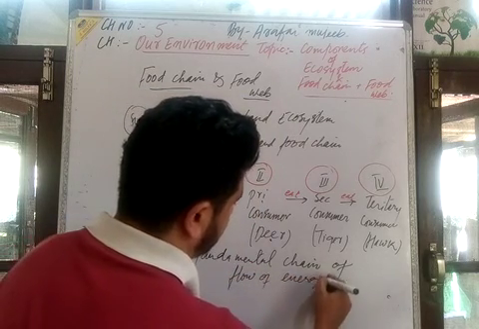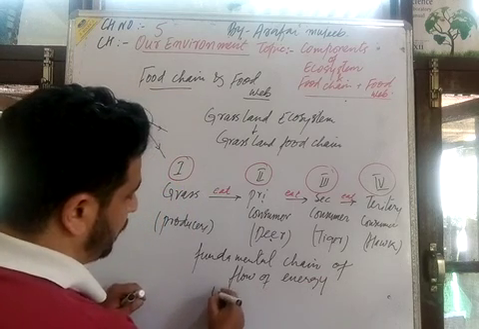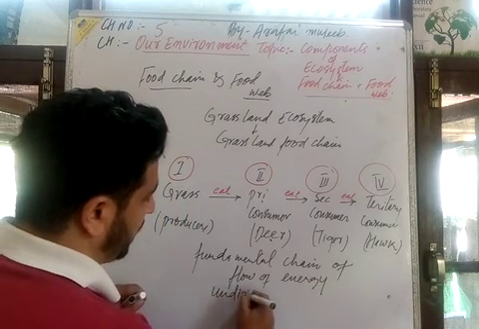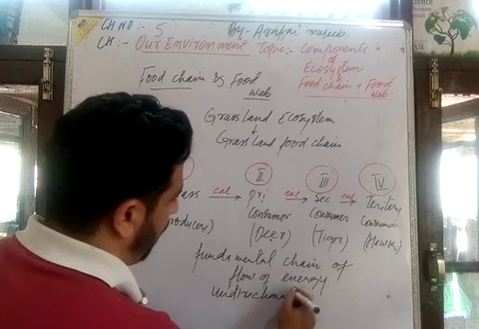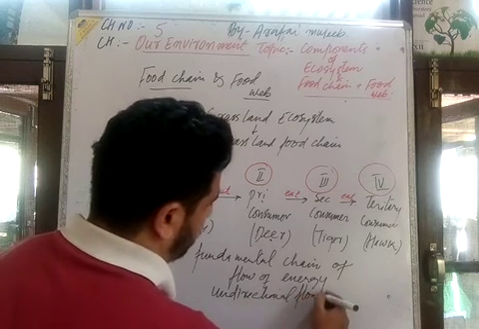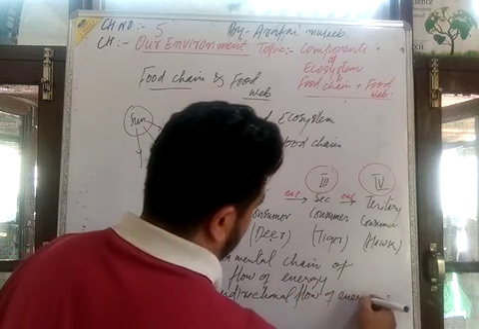The flow of energy here is unidirectional. It represents the unidirectional flow of energy that takes place in a food chain.